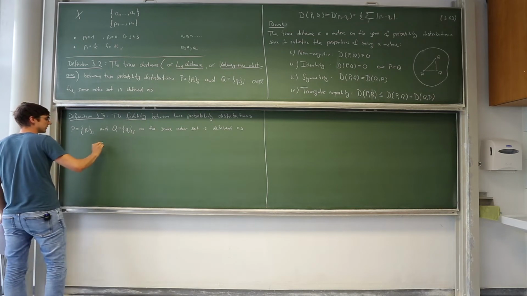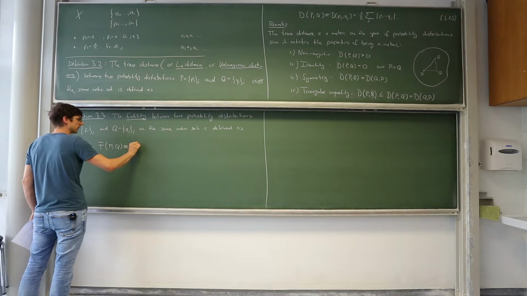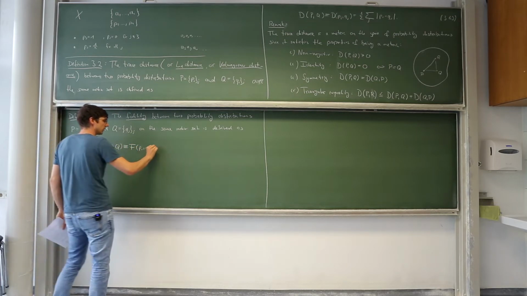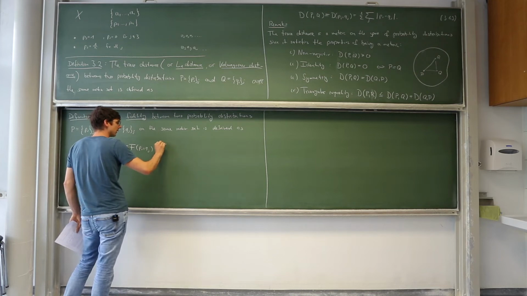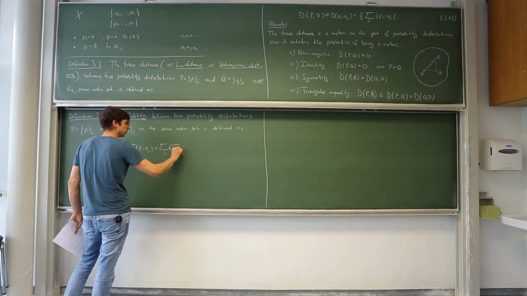We call this F of P, Q. Sometimes we write this as F of Pj, Qj, which is the sum over j of the square root of Pj times Qj.